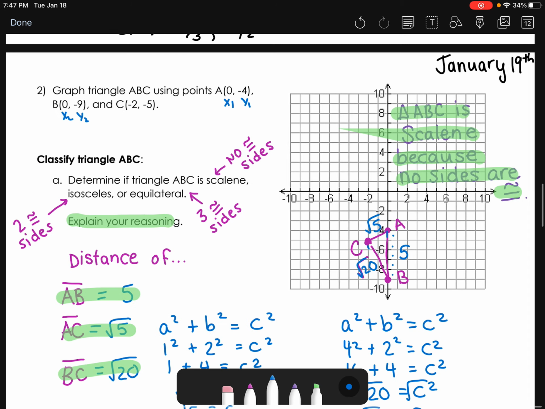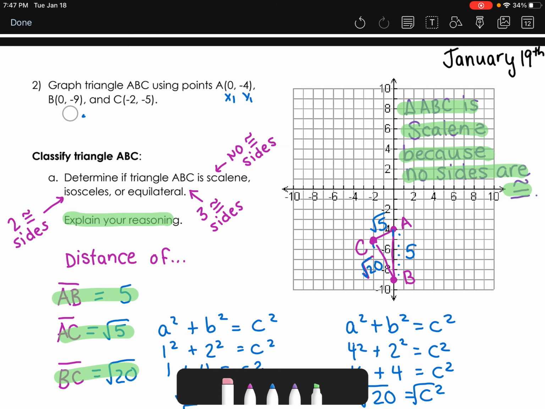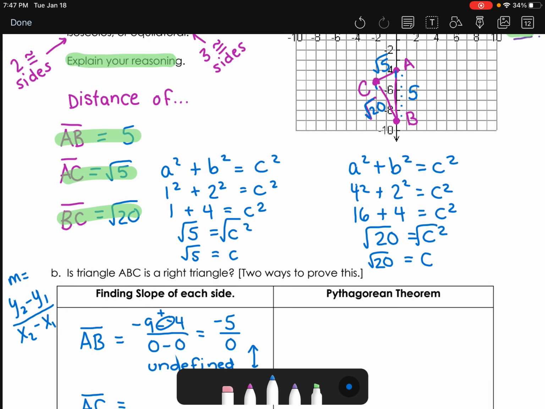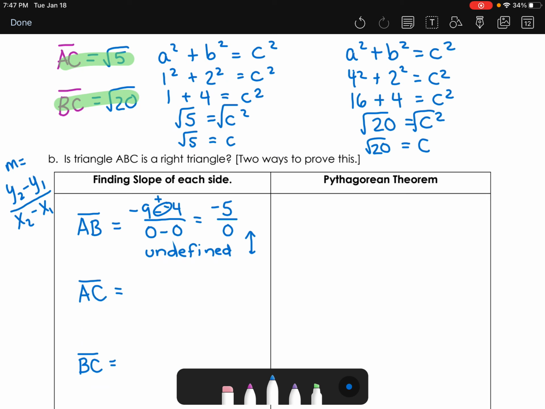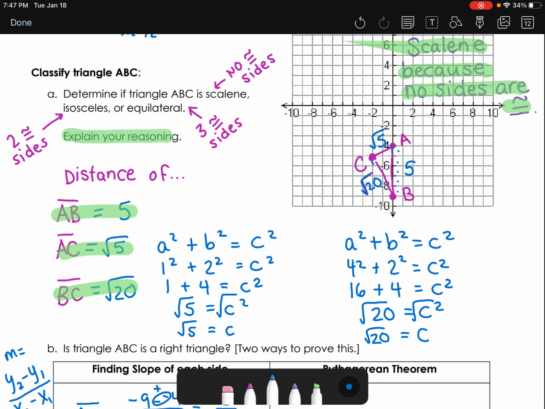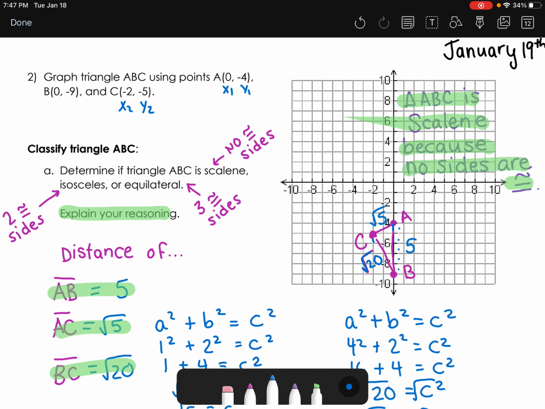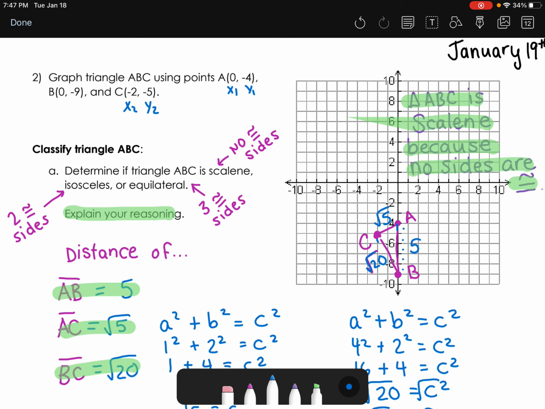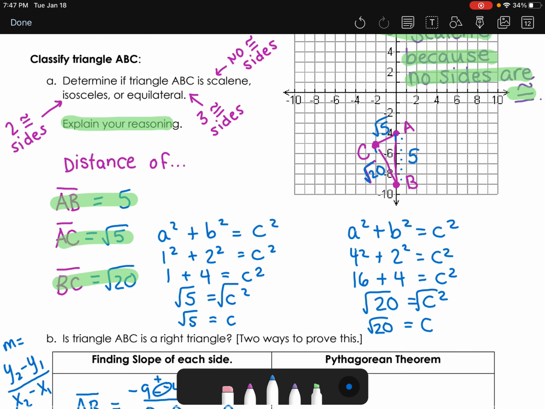AC. Okay, so now A and C, this is going to be x2, y2. All right, so hopefully you guys have your pencils today. We have some erasing. -5 minus a -4. And then the x's for C are -2 minus 0.